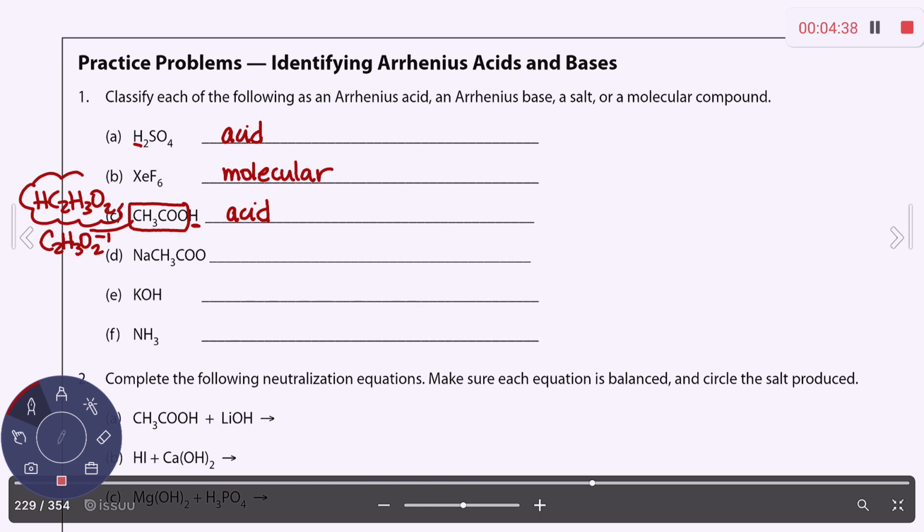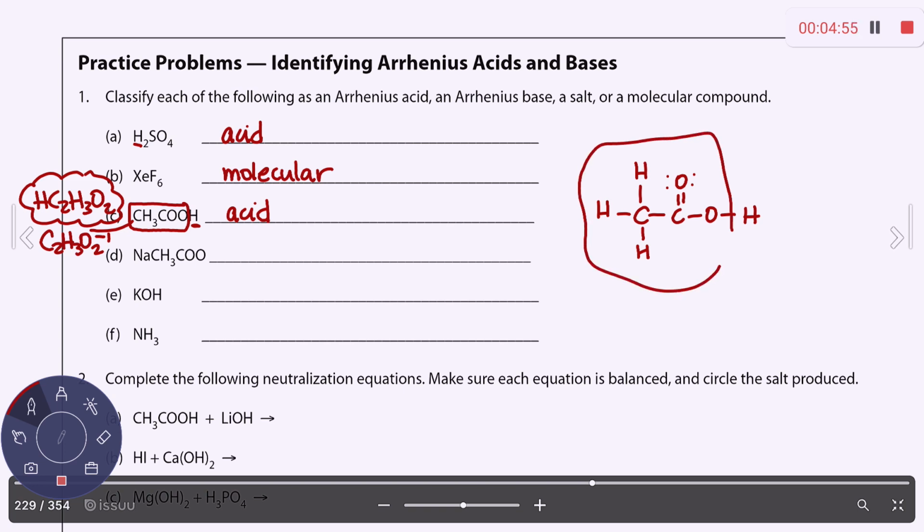Your book tends to write it as CH3COOH. The real reason why they do that is because this is CH3COOH. So this all goes together structurally, and then here's that hydrogen ion attached to it. Does that make any sense?